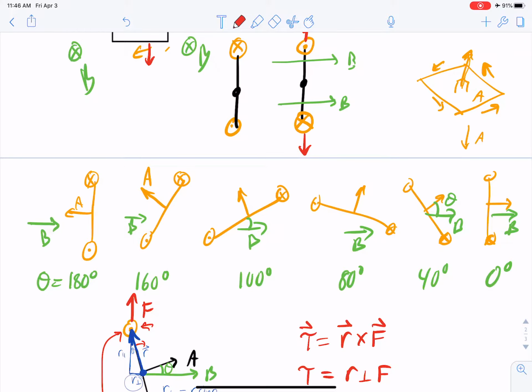Now, the thing to notice is the only difference between these two. I'm going to redraw this a little bit because it's kind of a mess. The loop is just a loop. What's different here is the direction of the current. You can see the current has reverse directions.